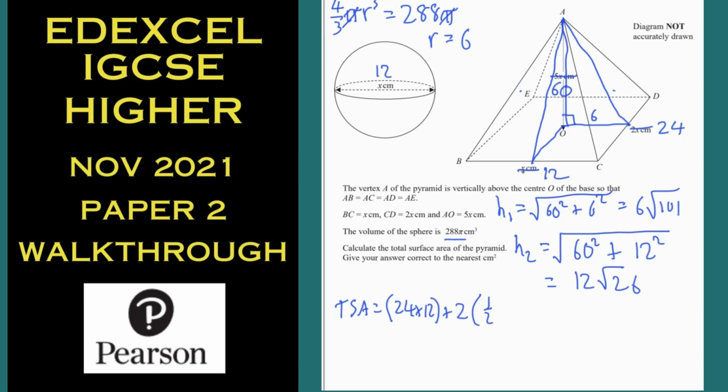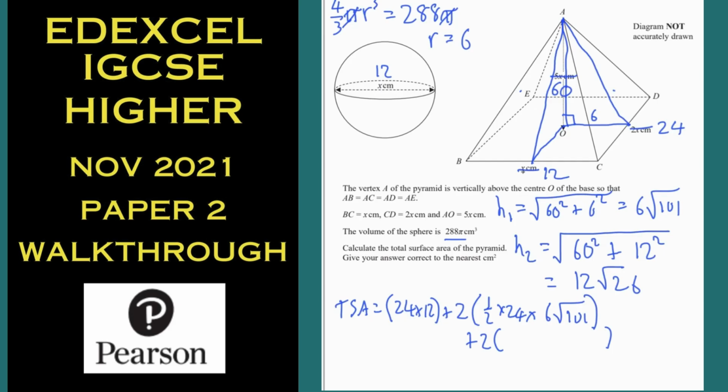Obviously, the 2 and the halves will cancel out. So the base of that triangle is 24. The height of that triangle was H1, 6 root 101. We need to add on twice the area, because the front triangle will have a rear triangle, which is identical.